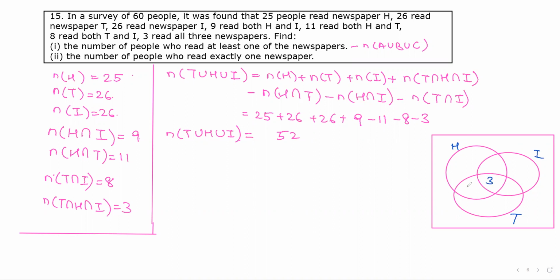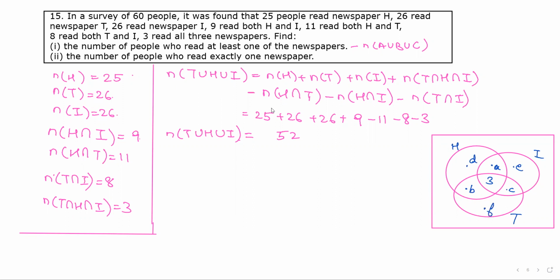There are 3 elements over here. Next, it is given that H intersection I. Here you can consider that A be the number of elements in this particular part, which read only H and I. They do not read T. Similarly, let this be B, this be C. This is D, this is E, this is F.